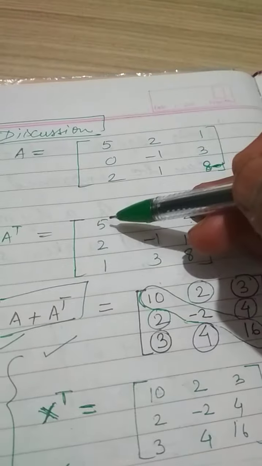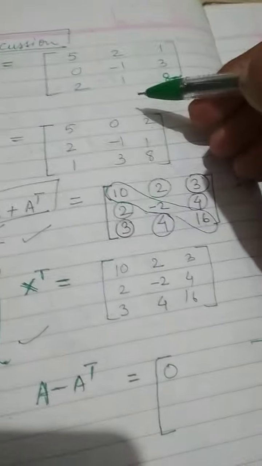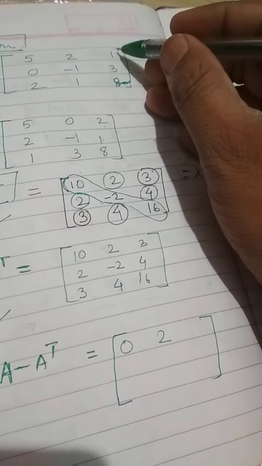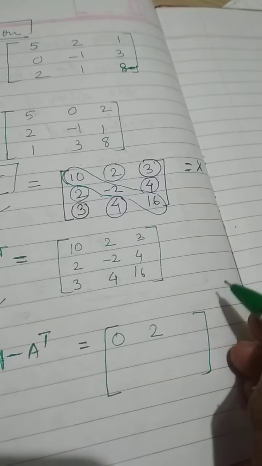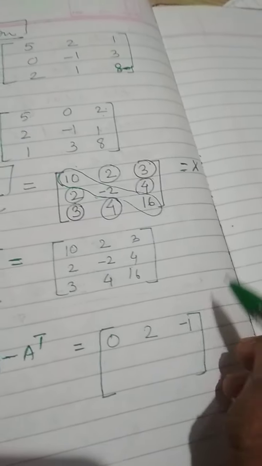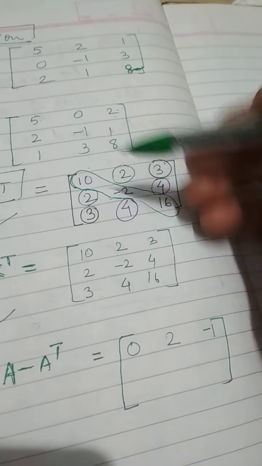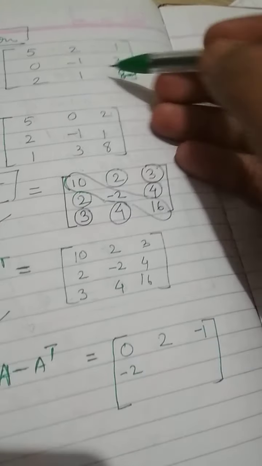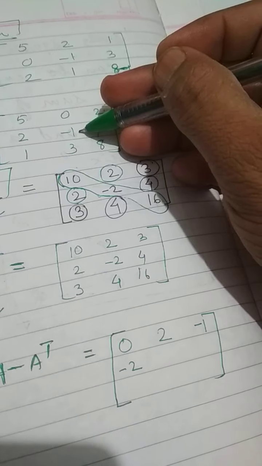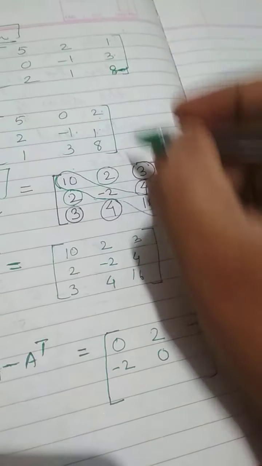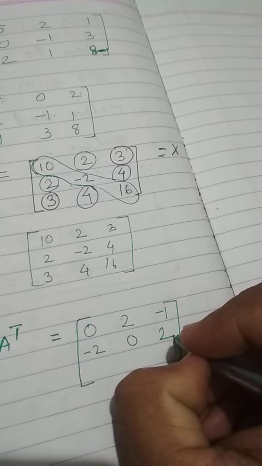So 5 minus 5 will be 0. 2 minus 0 will be 2. 1 minus 2 will be minus 1. Then second row minus second row. 0 minus 2 will be minus 2. Minus 1 minus of minus 1 will be 0. 3 minus 1 will be 2.